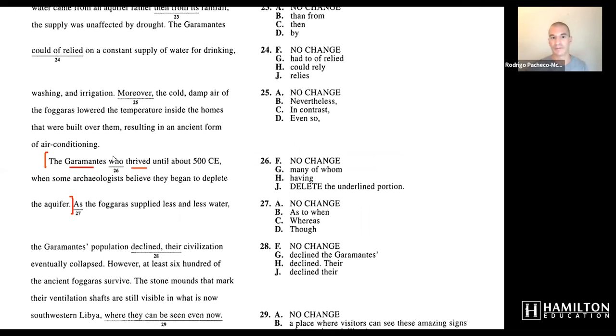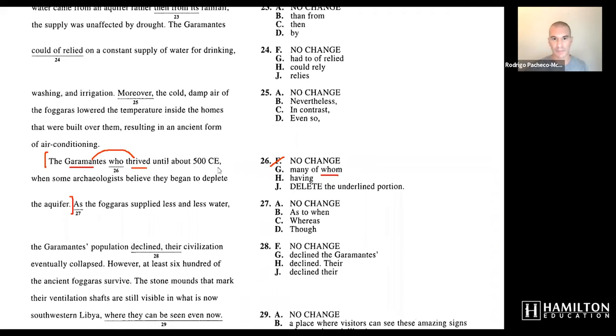Who is a relative pronoun? And this would give us a relative dependent clause, but we already have a subject and a verb here. So we can eliminate F. G, many of whom. Again, this relative pronoun, this is going to give us or set up another clause, a dependent clause.